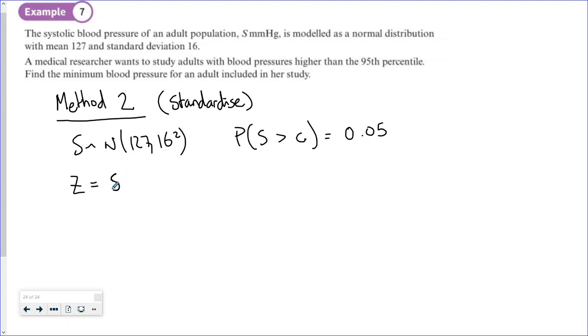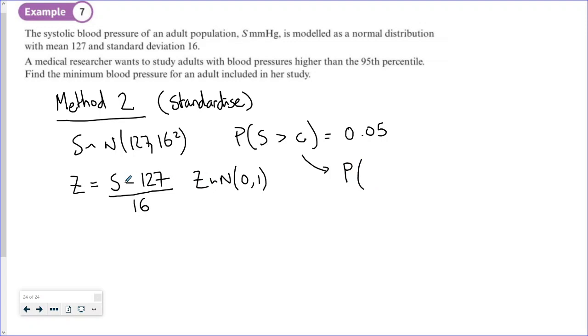So remember, in order to find Z, we take our normal random variable, we take away the mean of that random variable and divide by the standard deviation, which is 16. And in that case, if we do that, Z will follow a normal distribution with mean 0 and standard deviation 1. So let's take this probability statement here and let's try and get it in terms of Z.